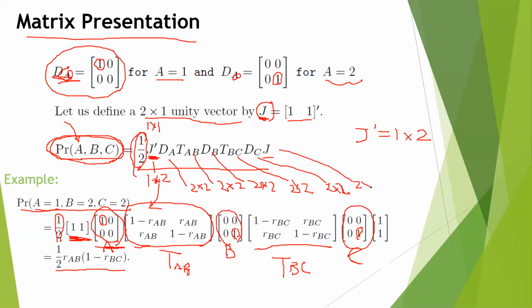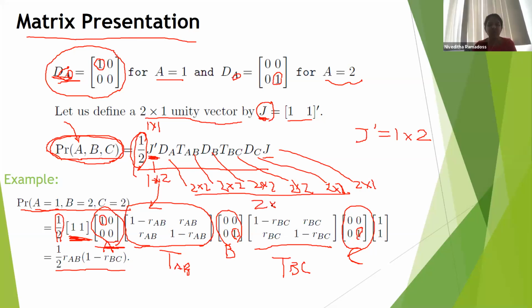Okay, so suppose we do not use J prime and J. Then we cannot do this matrix calculation correctly, because with 2 times 2 matrices, this calculation gives you a matrix of 2 times 2. So you can never get a scalar value for this probability.